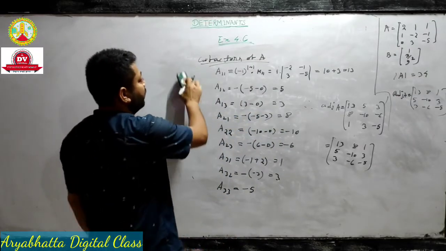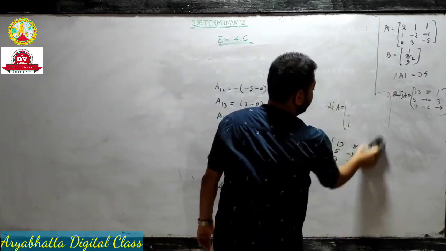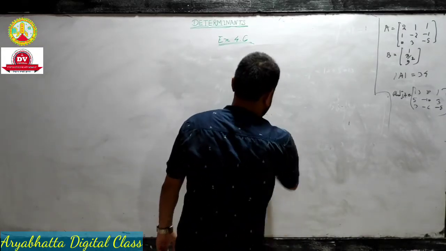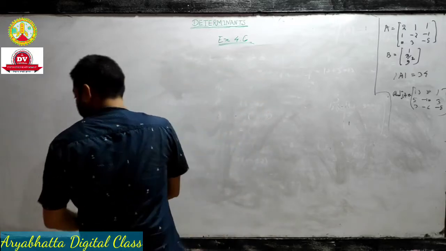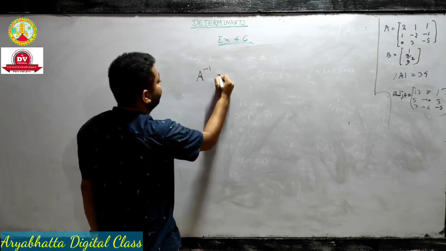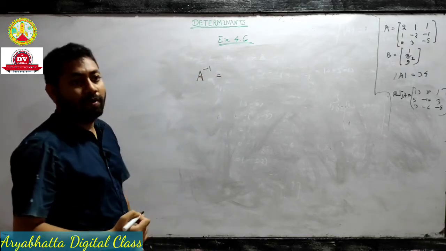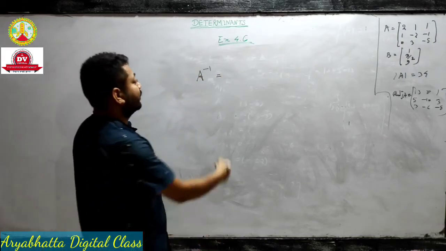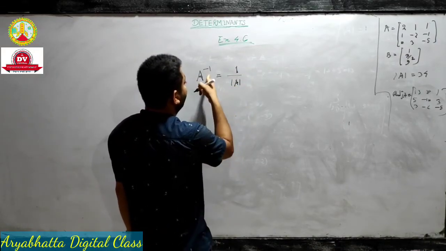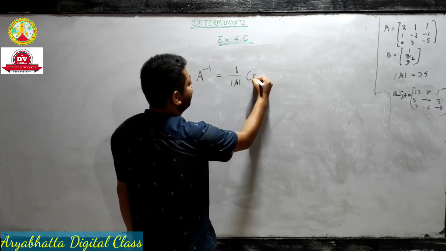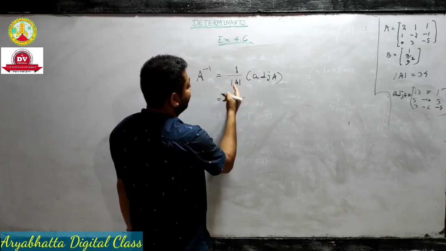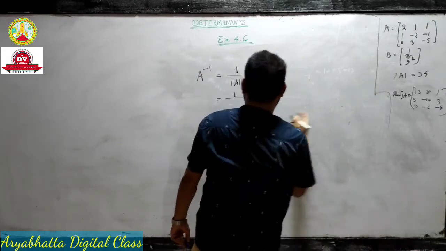Next, we will find inverse of A. Inverse of A is equal to, we know that inverse of A equal to 1 by determinant of A into adjoint of A. Inverse matrix of A is equal to 1 by determinant of A into adjoint matrix of A. Determinant of A is equal to 34.